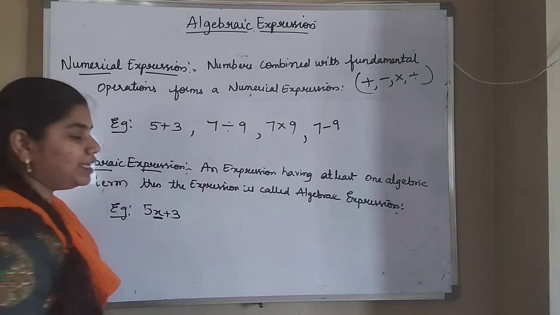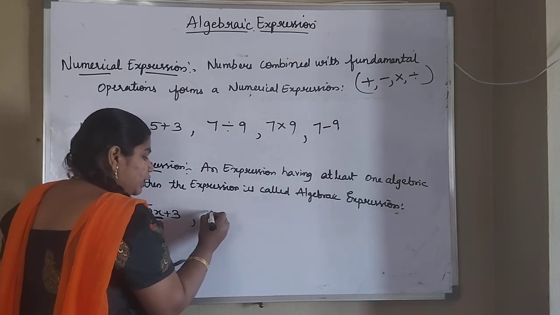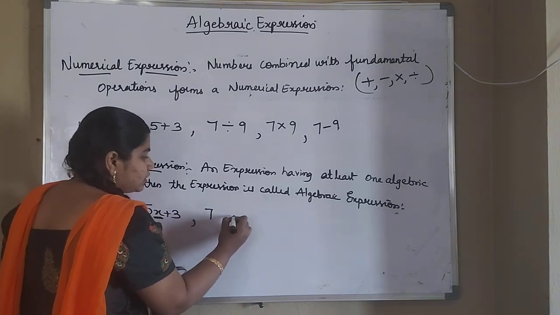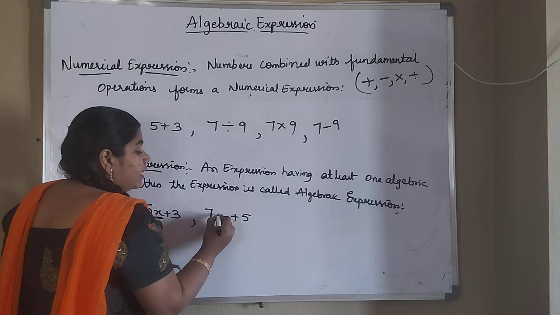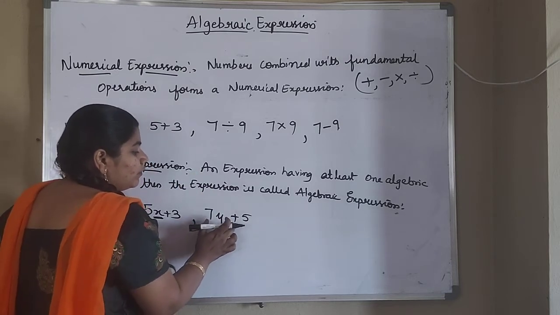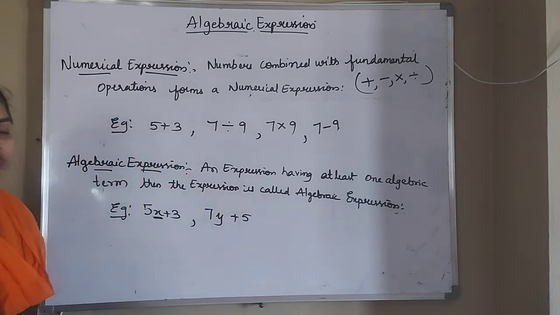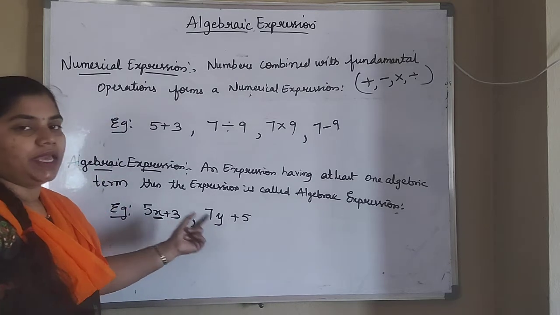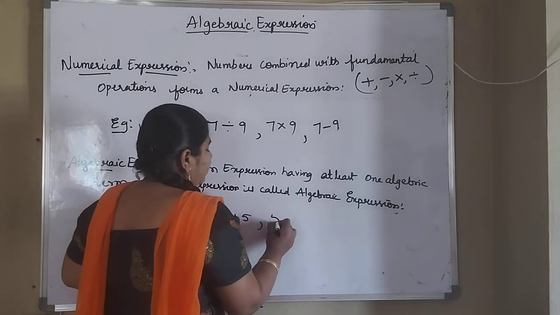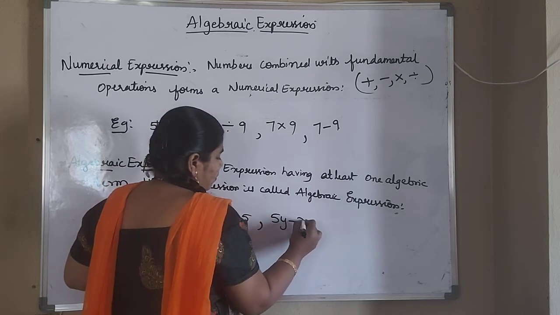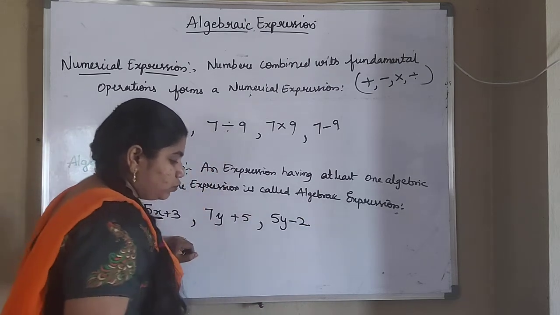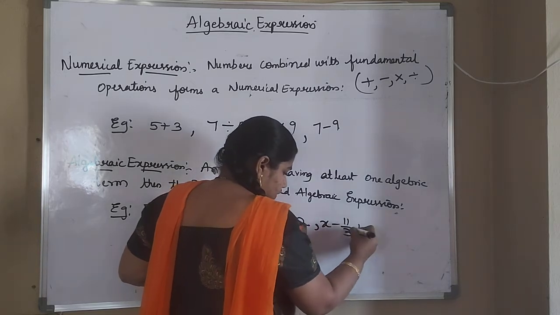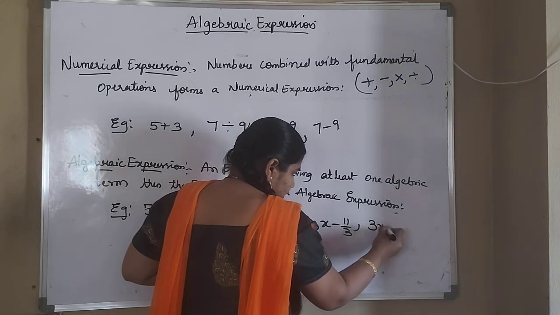So what do you mean by algebraic expression? A combination of numbers and variables along with fundamental operations forms an algebraic expression. So these are algebraic expressions. You can write in any way: 5y minus 2, x minus 11 by 3, next 3x plus 5.